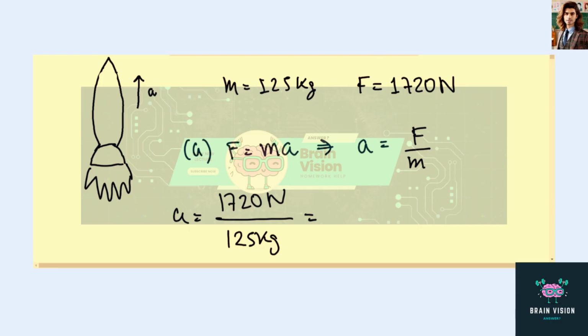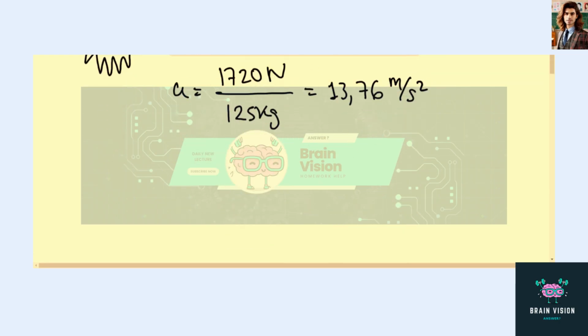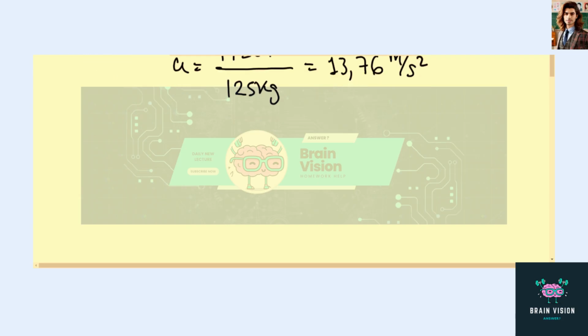Putting all these values into the calculator, we obtain 13.76 meters per second squared. So this is the initial acceleration of the rocket.